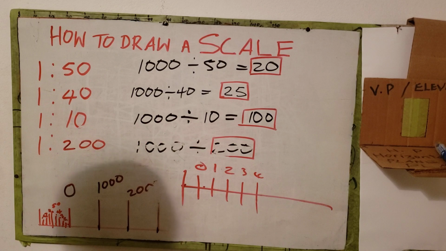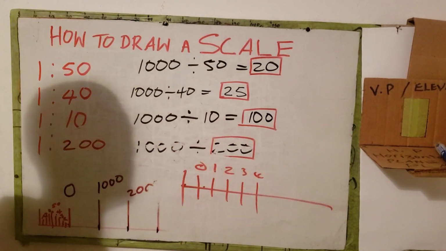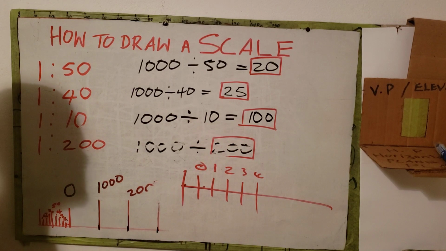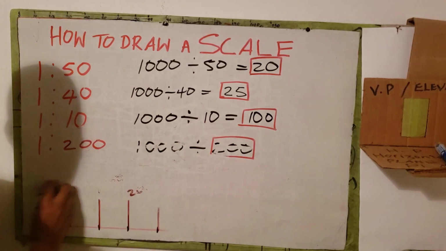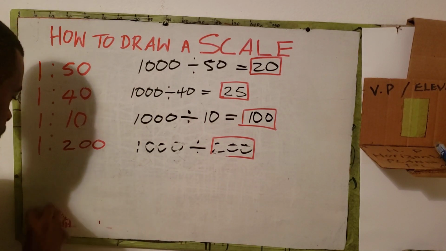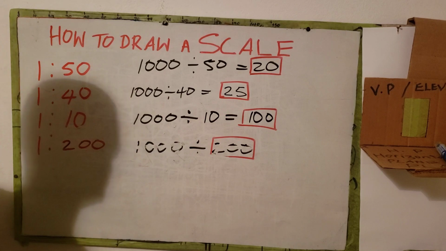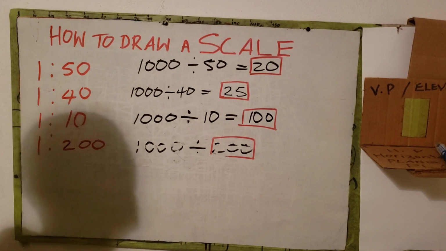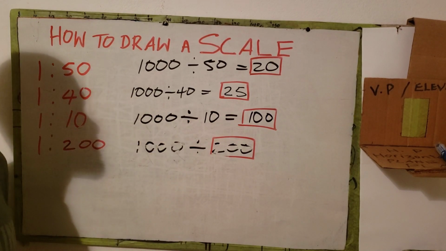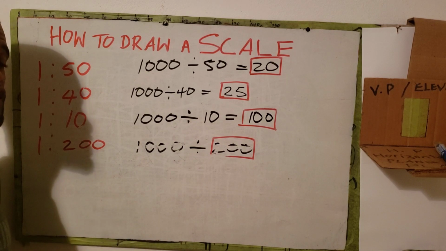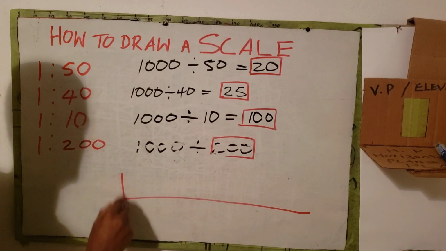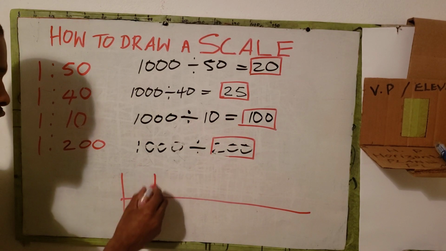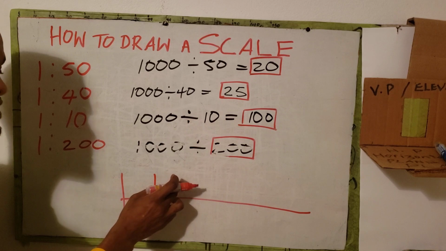Now, it is important to note that on the scale you might be asked to draw a scale that can measure up to a certain number. For example, they might say draw a 1 to 20 scale that can measure up to 6,000 millimeters. In other words, they want a scale which has 6 increments.